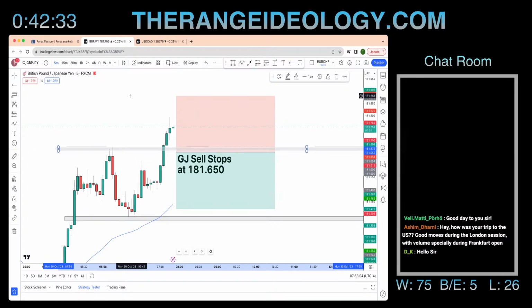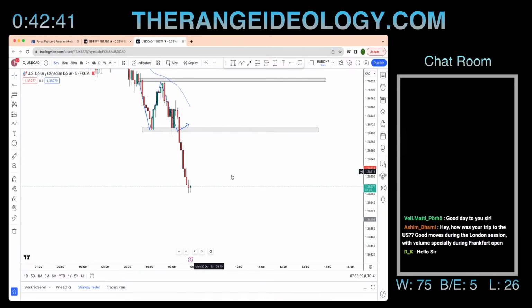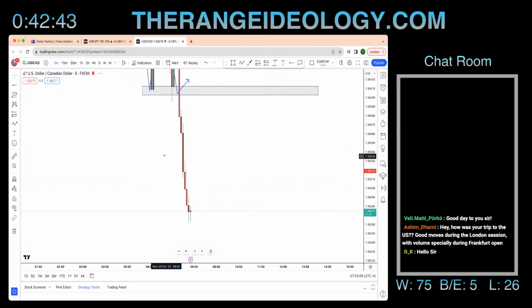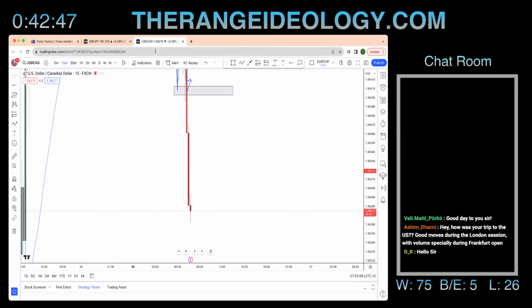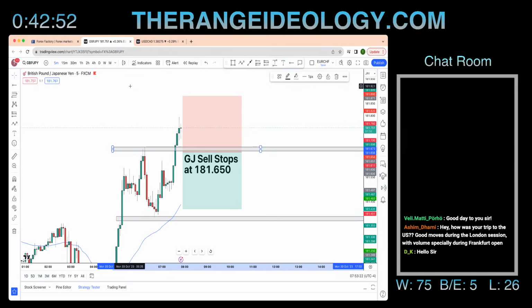Continues to push above. We still have another 5-minute candle coming up. So let's see. Does something drastic happen? Look at USD CAD now. Something drastic happened with USD CAD here. But again, I'm already out of that setup. I removed my buy stops for USD CAD, and sell stops are the only thing that are active for me. Maybe the only setup for the day, guys.